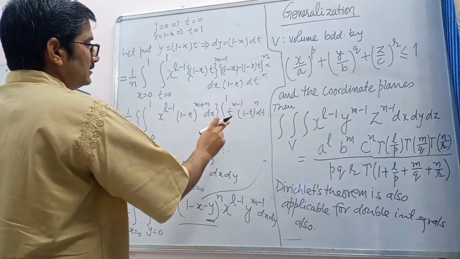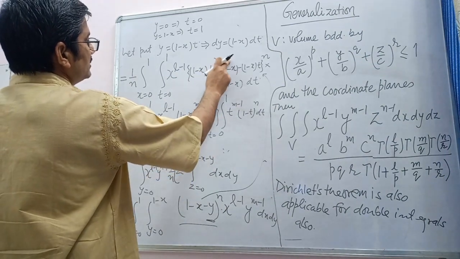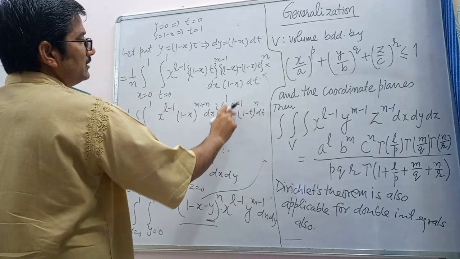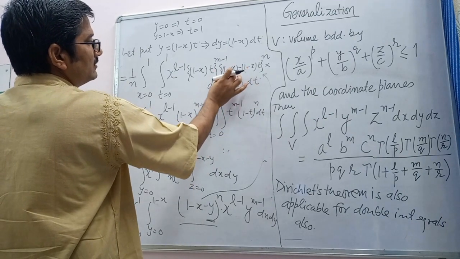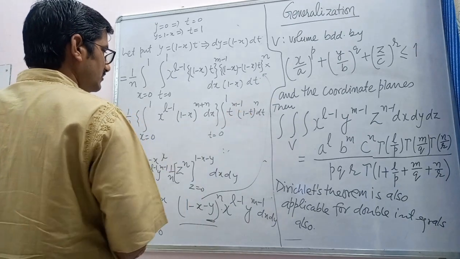And collecting the powers of t: t to the power m minus 1 is here, and if you take 1 minus x common, it will be 1 minus t inside and its power is n, so (1 minus t) to the power n.